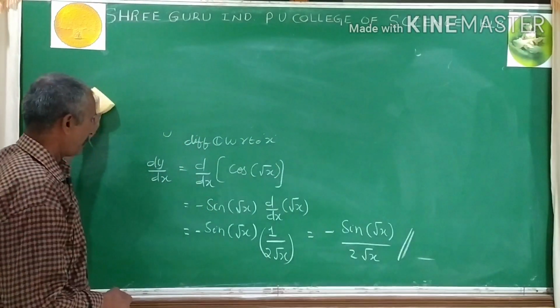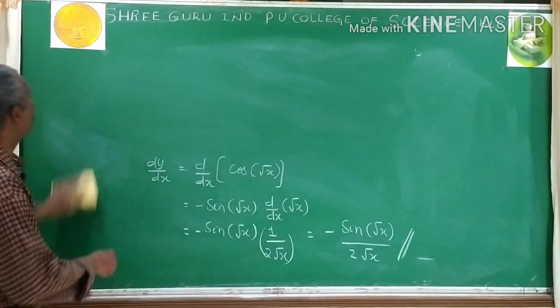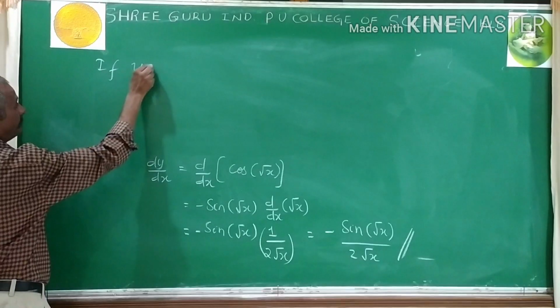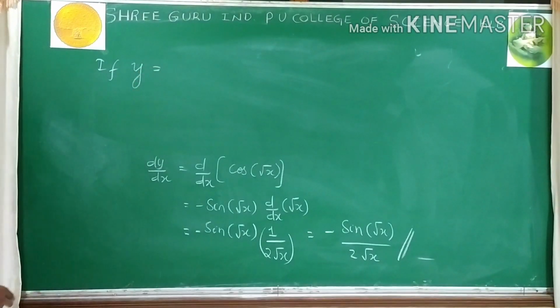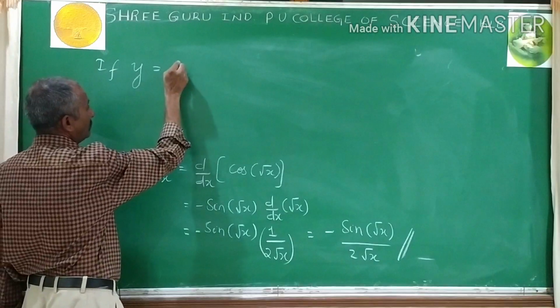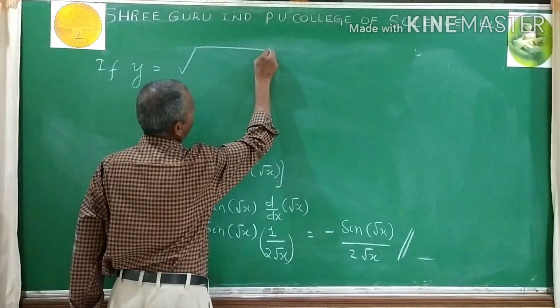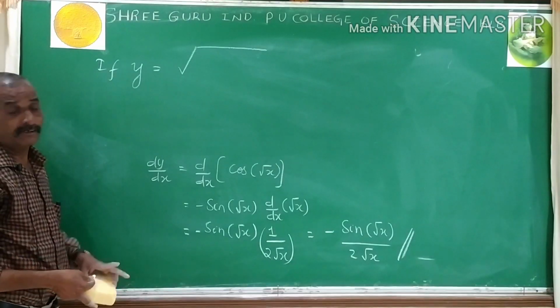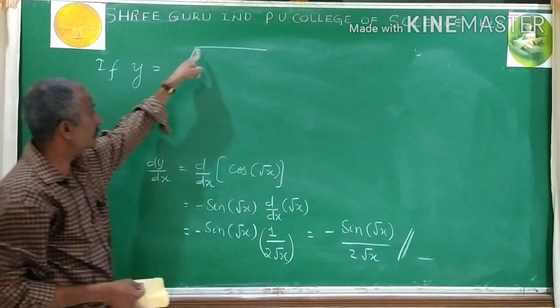Next problem. If y equals square root of... Now suddenly in your mind it should come that our first coming function is square root.